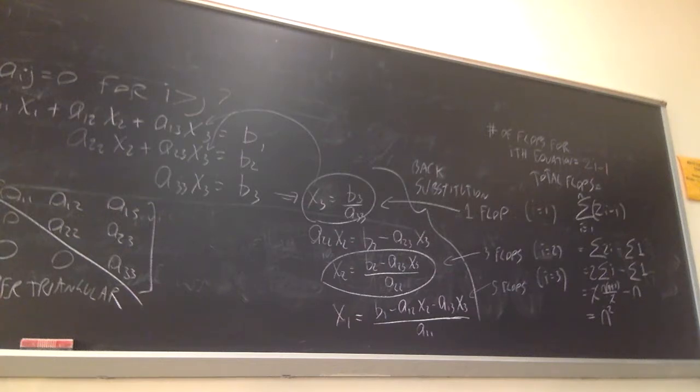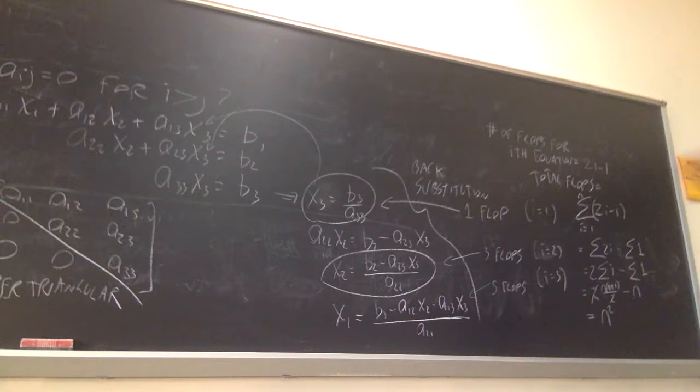If we can solve a problem in order n squared operations rather than n cubed, then we definitely need to do that. So, any questions about how this total number of operations was figured out? We'll be taking a look at this again for other algorithms later on.